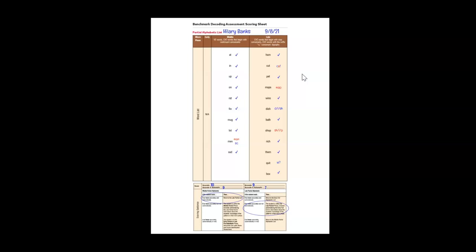Even the word men, she said man at first, but self-corrected. So she did end up getting that correct. In the late partial alphabetic, she got many of those words correct. In a few, she sounded out. In all, she scored a 7 for words read automatically and accurately.